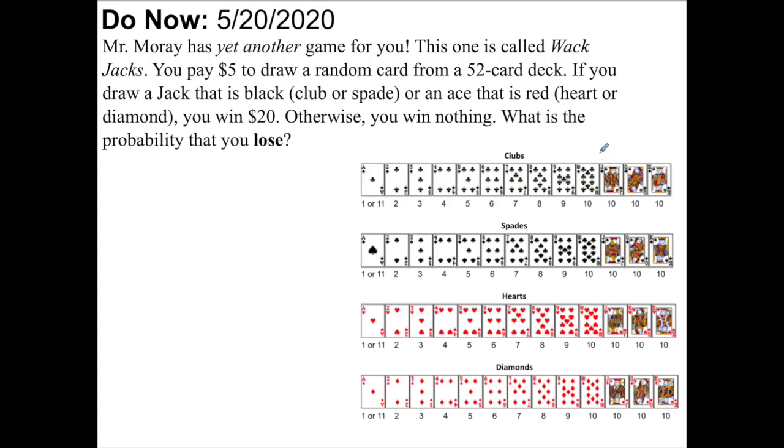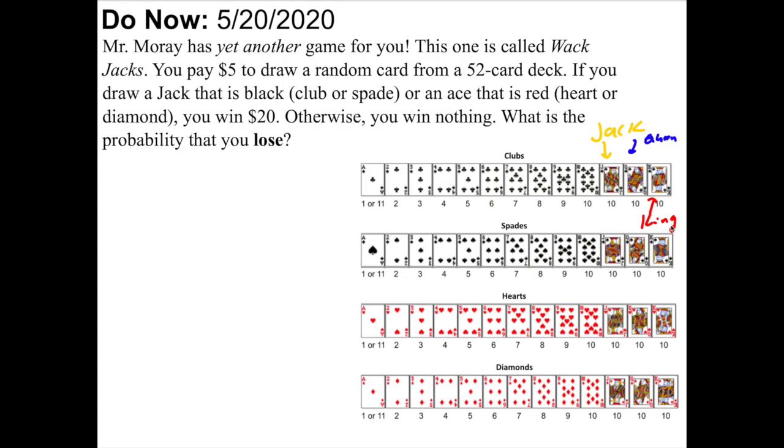And then these 3 face cards, which are jack, queen, and king, are all worth 10. We're not going to talk about the values today, but I thought I would give you this here because it's something that might come up.